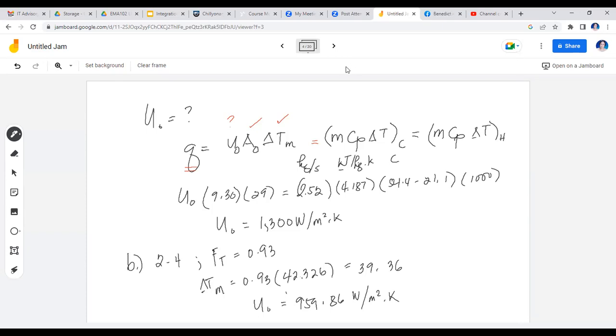So I hope everything is in place already. So any question with what we have computed here, the U sub O for letter A and B, and the delta T mean?